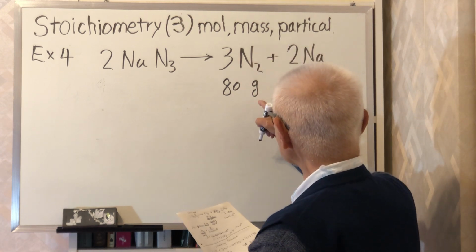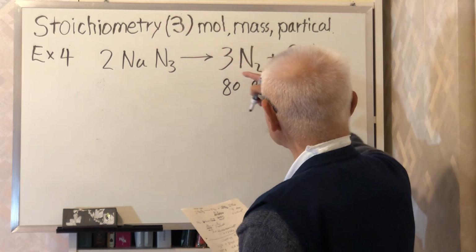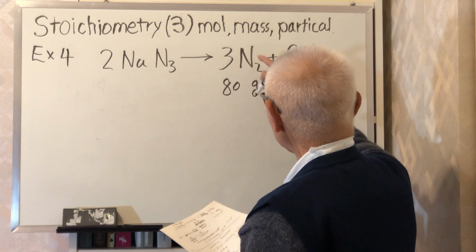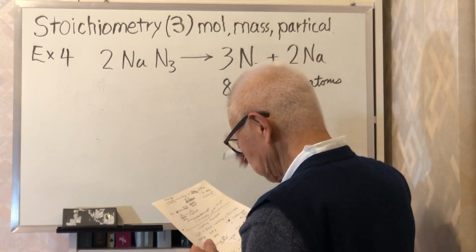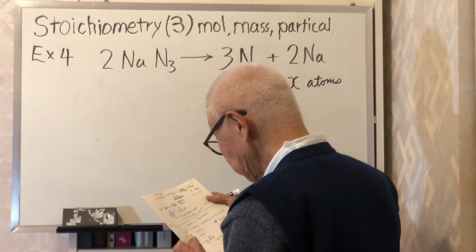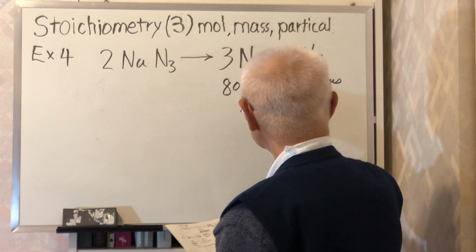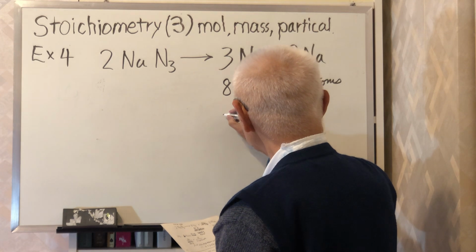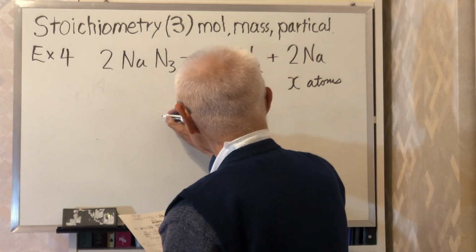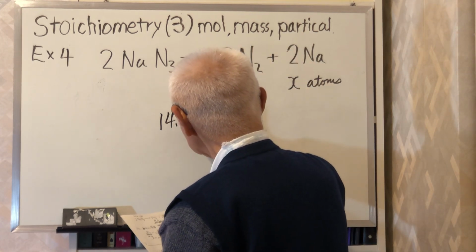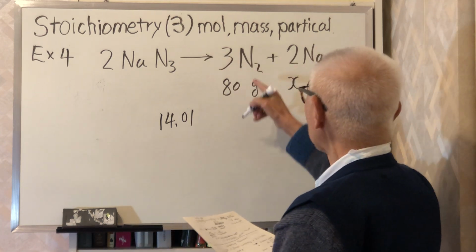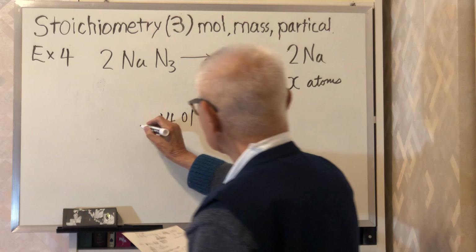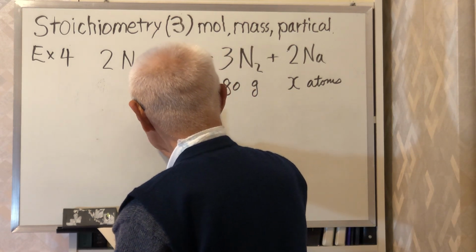Because this is given in grams, I need gram from this reaction. So what is the atomic mass of nitrogen? It's 14, right? So it's 14.01. And I have 2 here, so multiply 2.